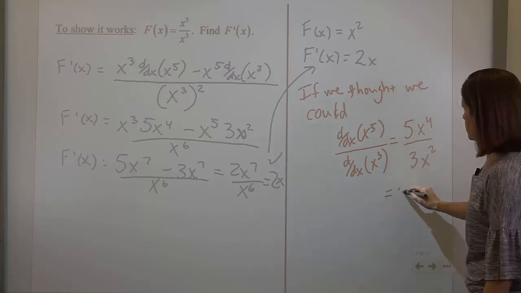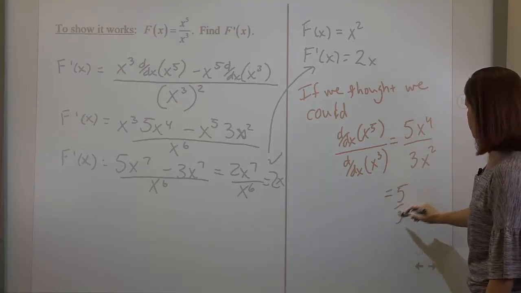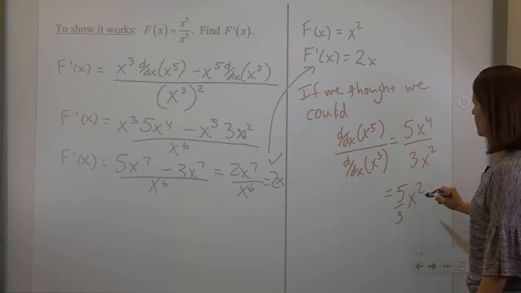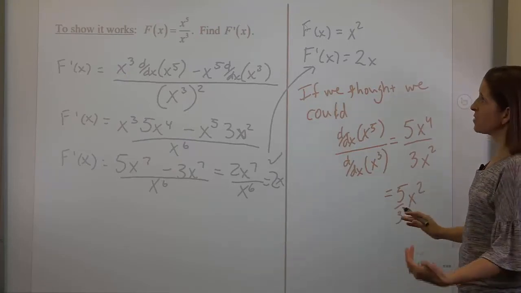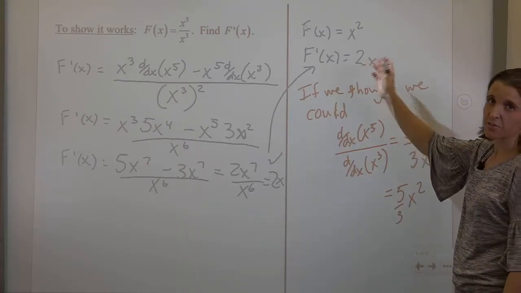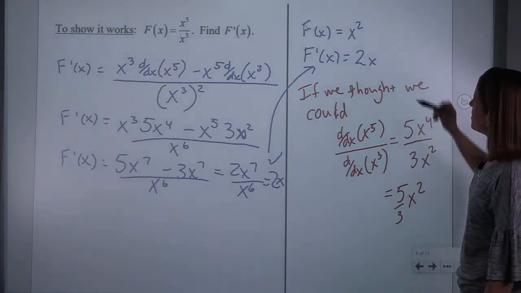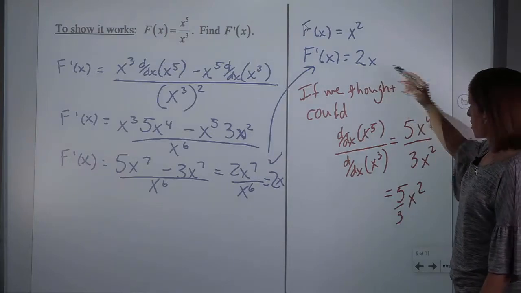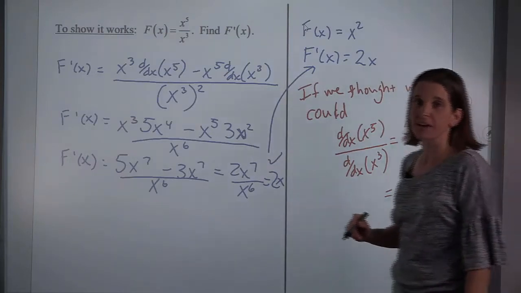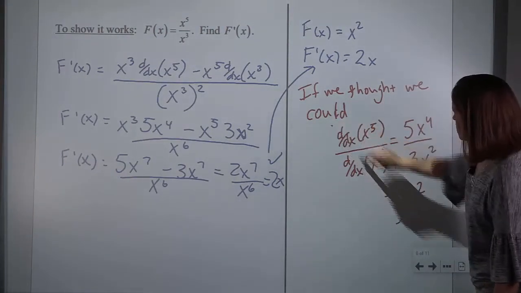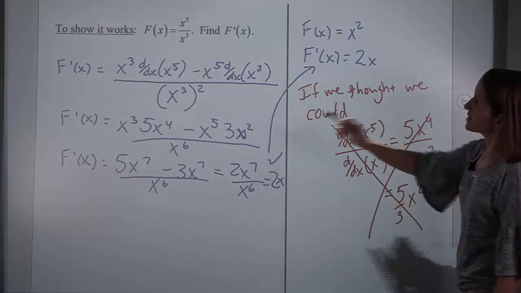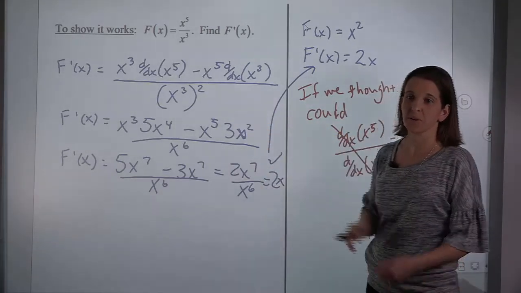So if we tried to simplify that, we'd have 5/3 x squared. Again, nothing about that is right. We know the answer through tools that we've known for a while, and that answer is 2x. Neither the coefficient nor the power is right on that. So make sure you mark that out. That is not correct, and the quotient rule is going to be what's correct.